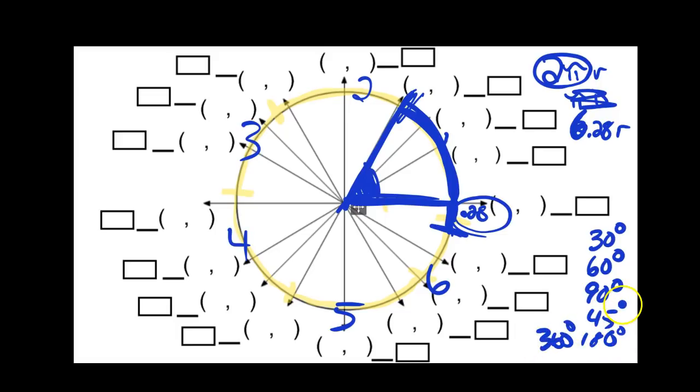These are things that come up naturally in our shapes, whether it be a rectangle with 90-degree angles, an equilateral triangle with 60-degree angles. A lot of times the hexagon will have 120-degree angles in it if it's a regular hexagon. And of course, half of 90 is 45, half of 60 is 30, a full circle is 360, a triangle's angles add up to 180.